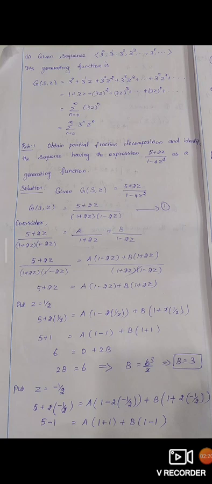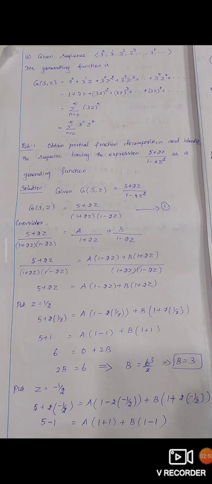The second sequence is 3^0, 3^1, 3^2, 3^3, etc., 3^r. Its generating function is g(s, z) = 3^0 + 3^1 z + 3^2 z^2 + 3^3 z^3 + etc. + 3^r z^r + etc. That is equal to, anything power 0 value is 1, so we put 3^0 equal to 1.